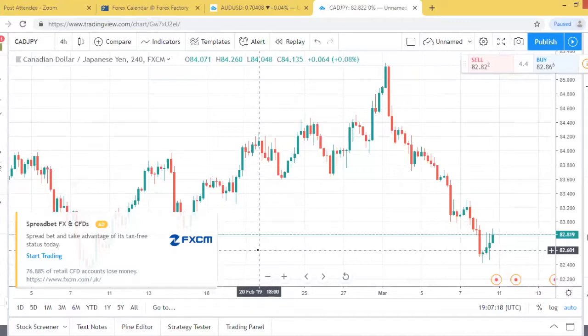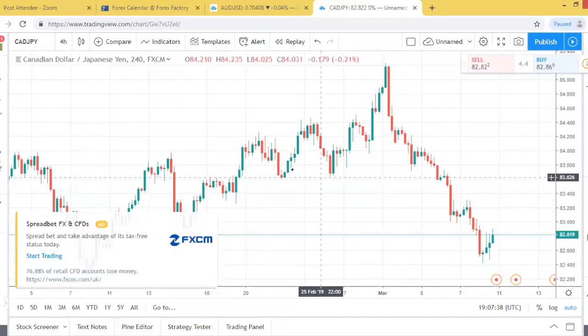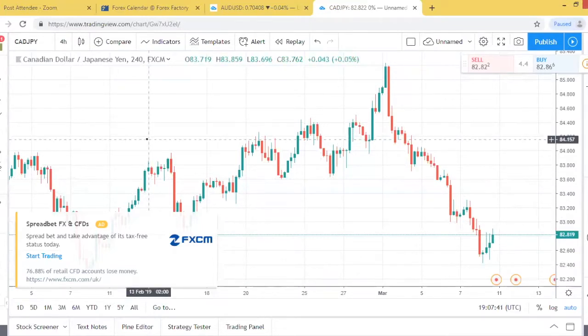Elsewhere within the market from the previous webinar, you know, we've had some profits closed off. So although we didn't have any profits from the CAD yen, the Aussie yen closed off and gave us some fantastic profits from the market.